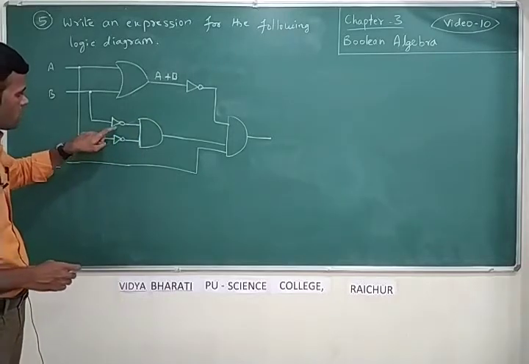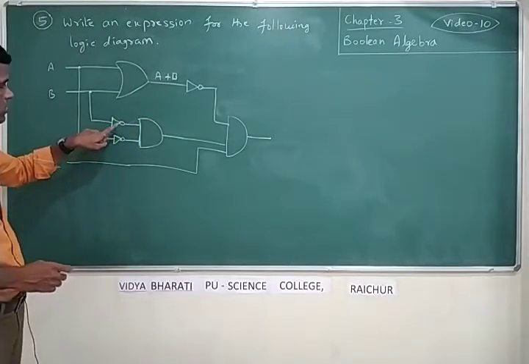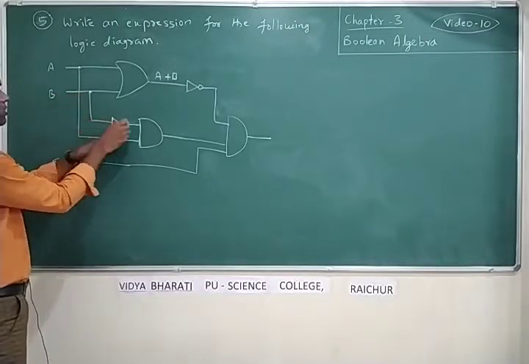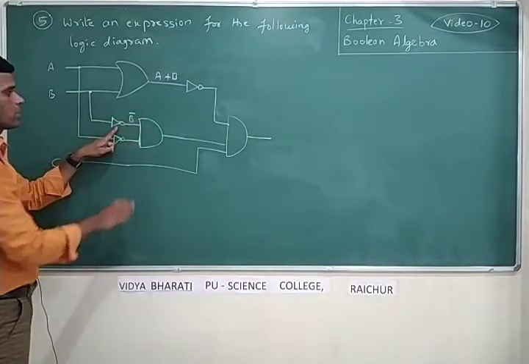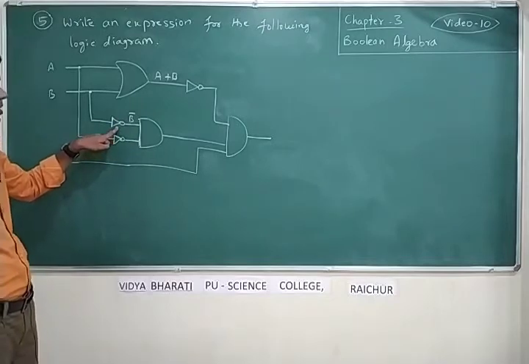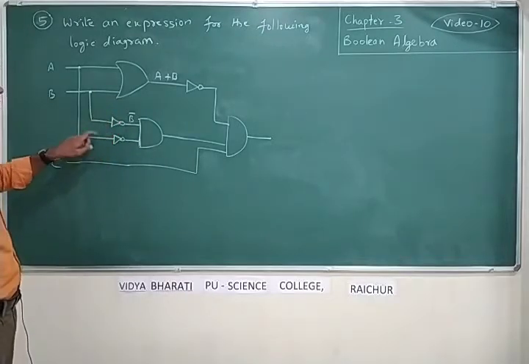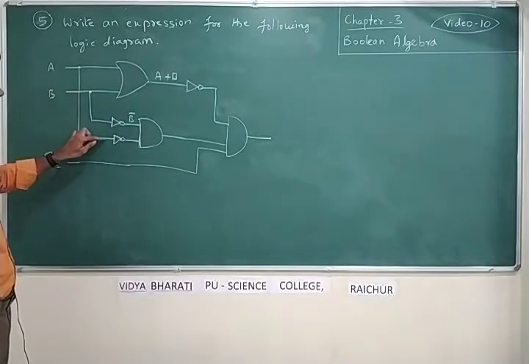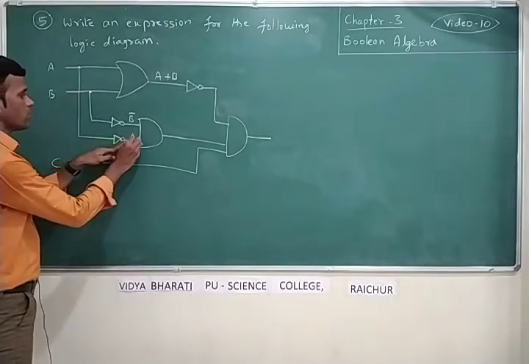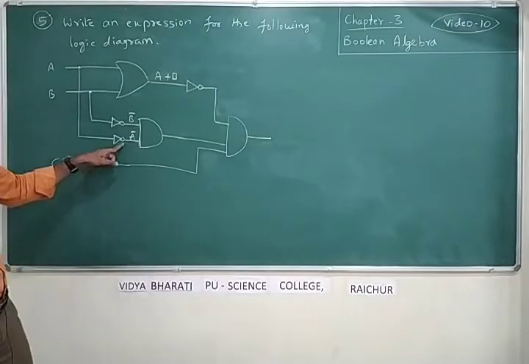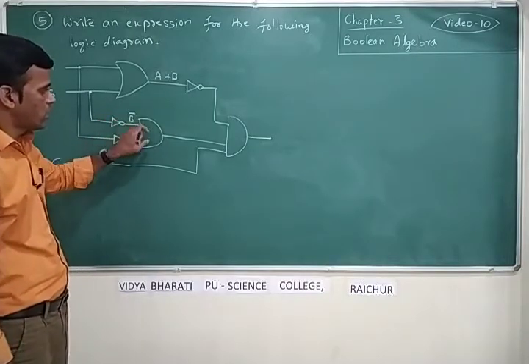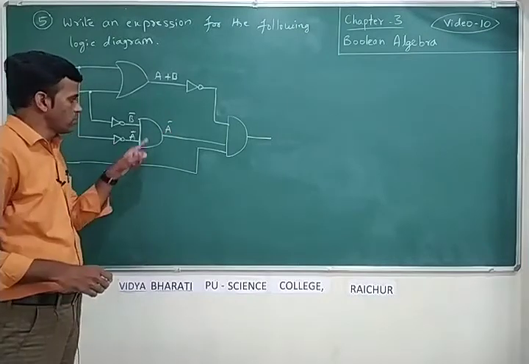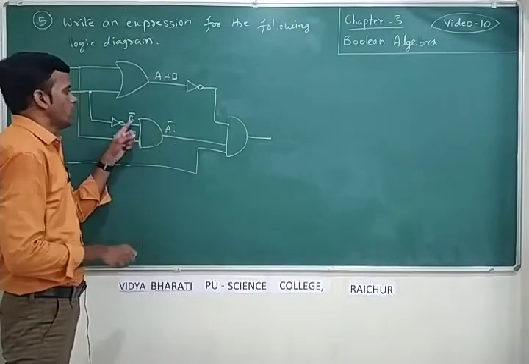So here you can see the NOT gate for this input B, so we write complement of B, B bar. In the same way, this line containing the variable A is complemented. This is A bar. Now these two we consider for this AND gate, so it is A bar, the AND gate, and this B bar.